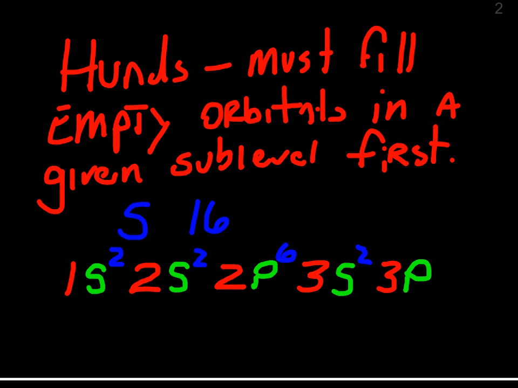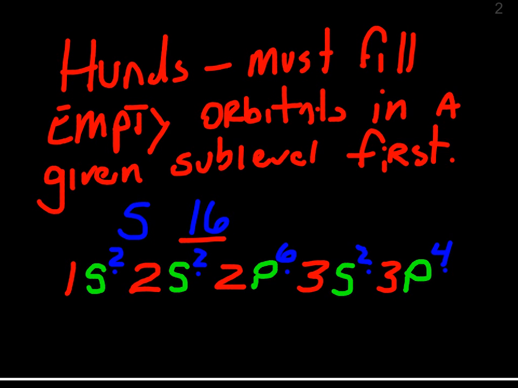So I count across aluminum, silicon, phosphorus, sulfur, so there's going to be 4 electrons there. Now, like I said, I can always check myself, add up the electrons: 2, 4, 10, 12, 16. If 16 matches the atomic number, I did it right.